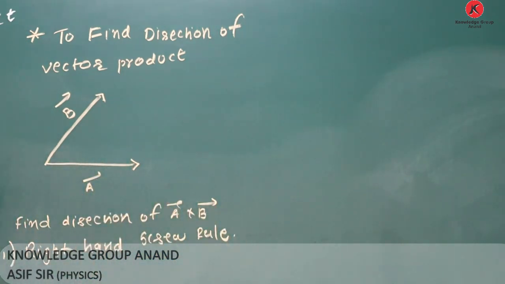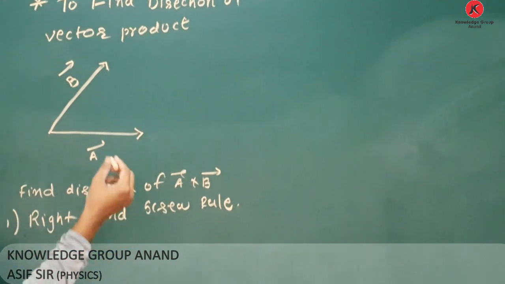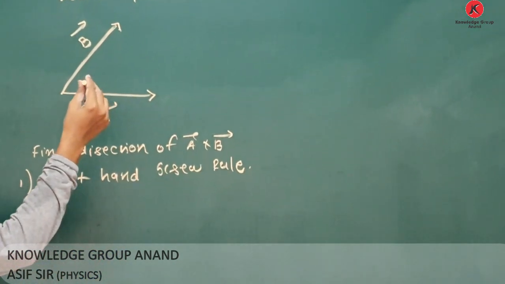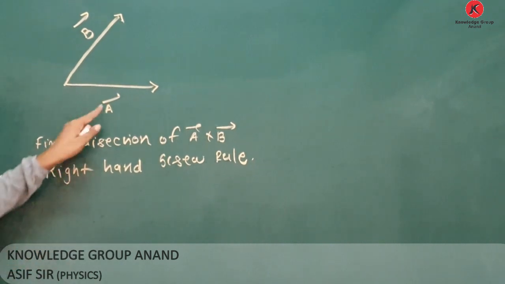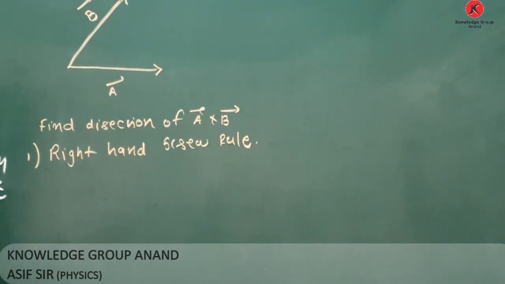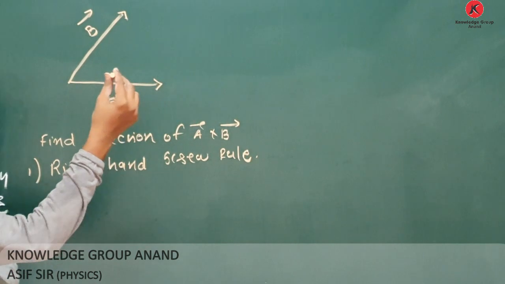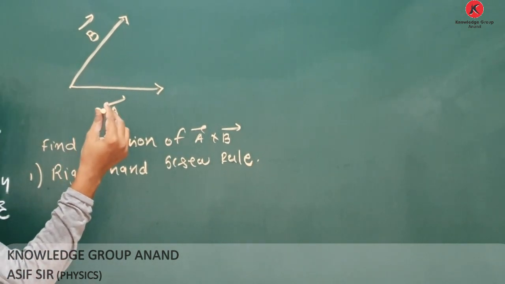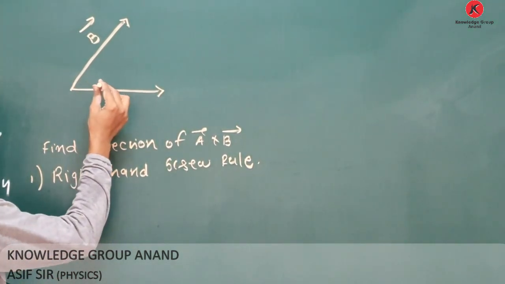These two vectors are in the plane of the board. Hold a screw in your right hand, perpendicular to the plane containing A and B. So take the screw in your right hand perpendicular to this board, like this.